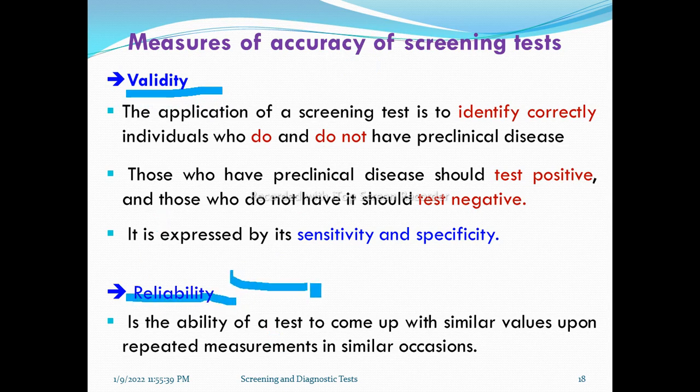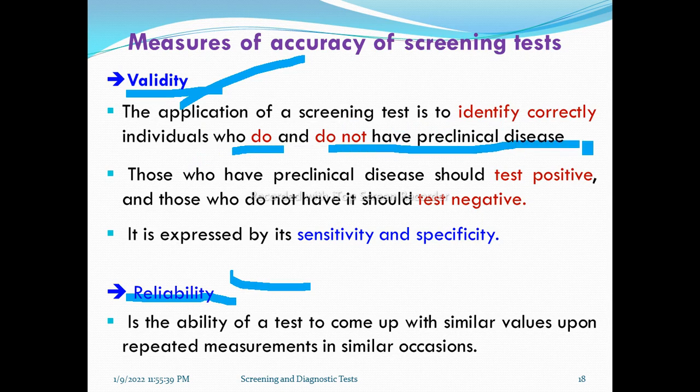So the measures of accuracy of screening test: accuracy includes validity and reliability. Reliability means, in other words, precision. So to say accurate, it should be valid and reliable. So validity means the application of a screening test to identify correctly individuals who do and do not have preclinical disease.